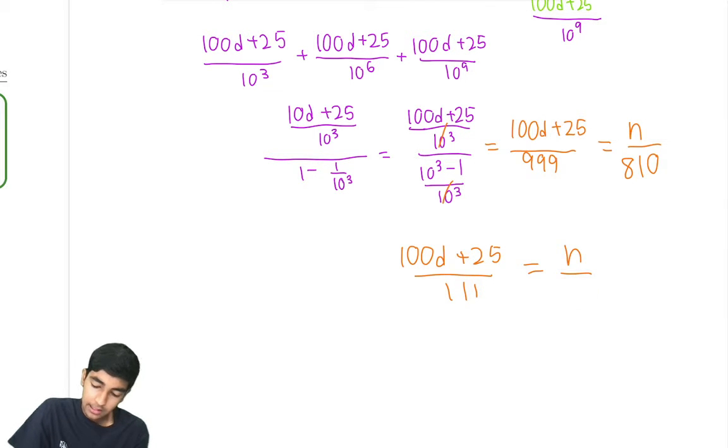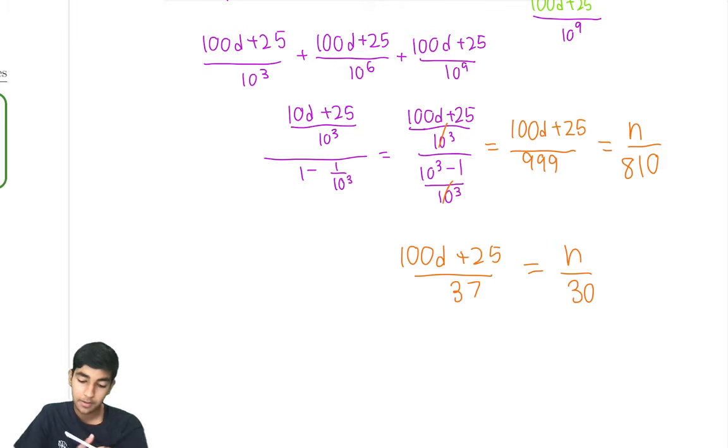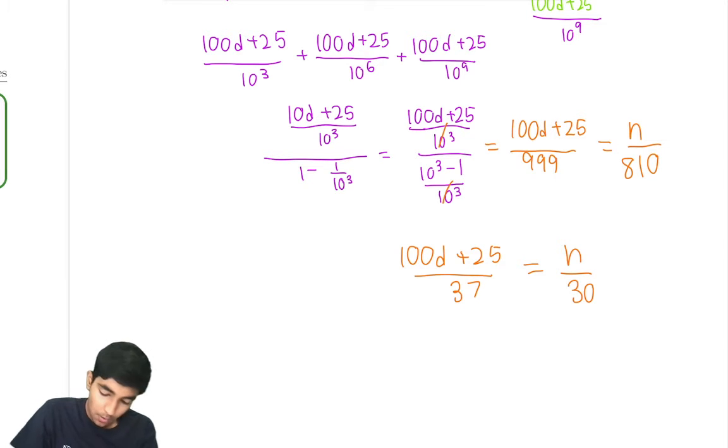And then you can cancel out another factor of 3. Get this, and 100D plus 25, remember, where d is a digit. Now we have 30 times 100D plus 25 equals 37n.